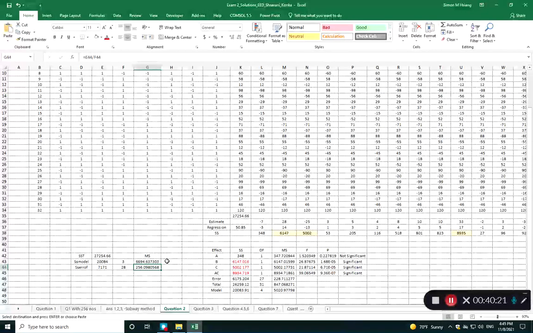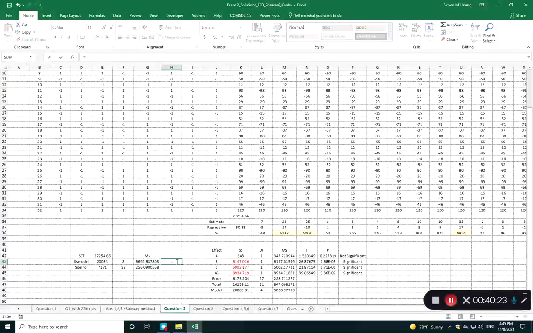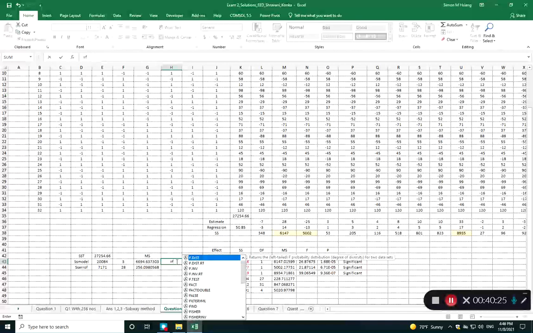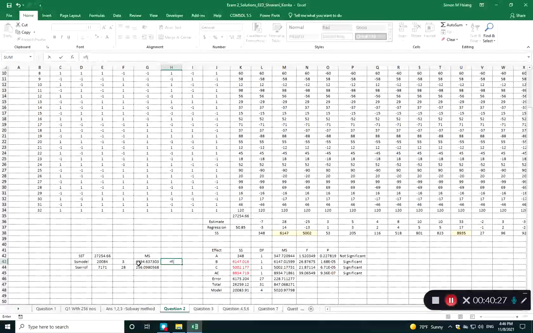And so your F statistic will be what? Will be this guy divided by this guy. Oh, I need to have an F distribution, right? I'll have an F distribution, and I should have the degrees of freedom 3 and 28.